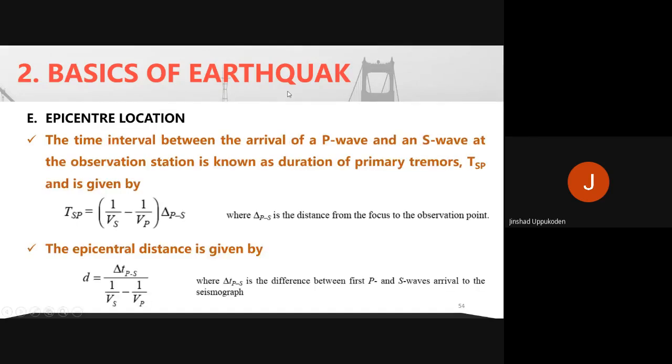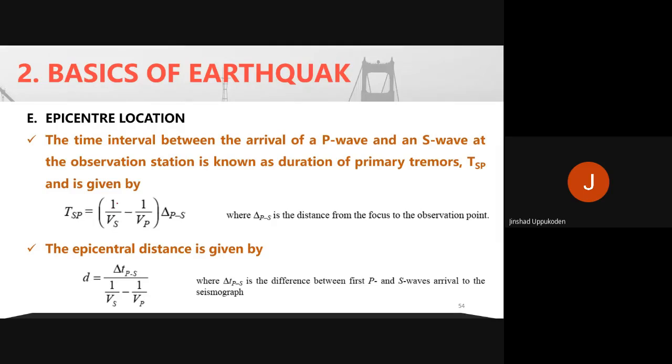If you are able to know the interval between the arrival of the P and S wave at a point of observation, then we will be able to measure the epicentral distance.